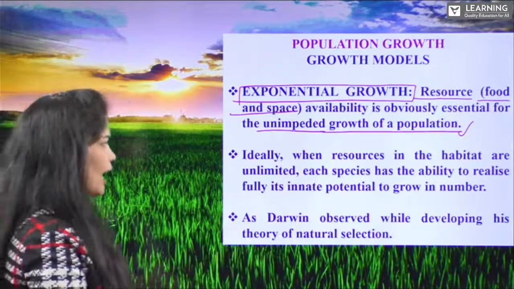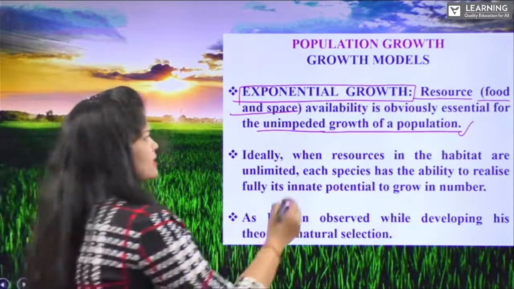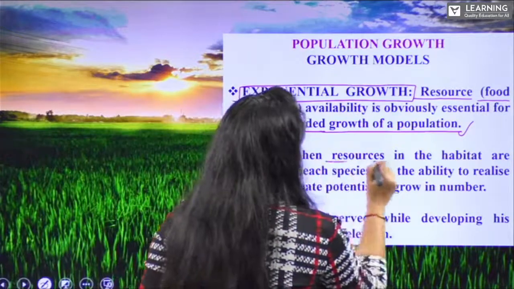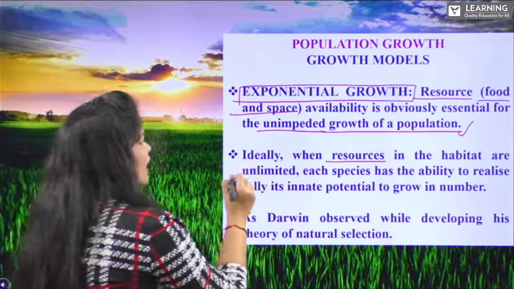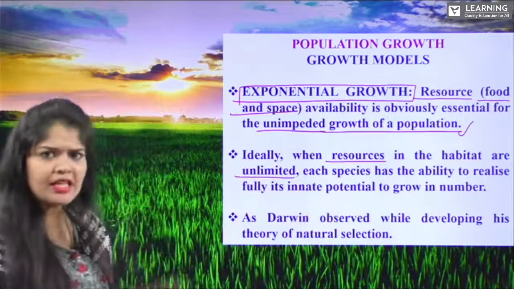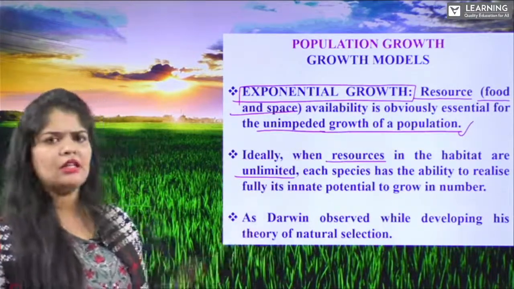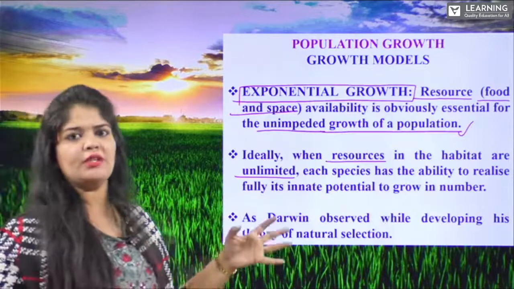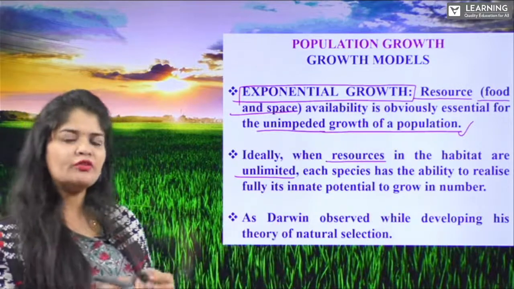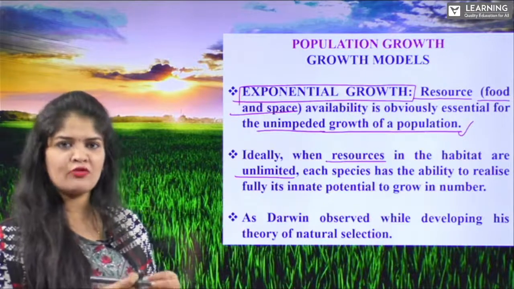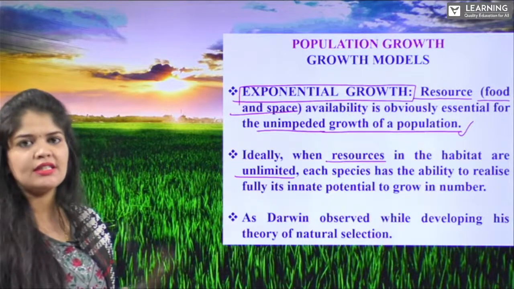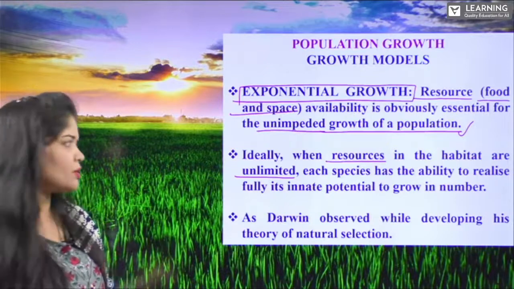Now here, ideally, imagine that the resources in a habitat are unlimited. Availability of food is there, availability of space is there, the habitat is providing a very favorable condition, then obviously there is a rise in population growth.